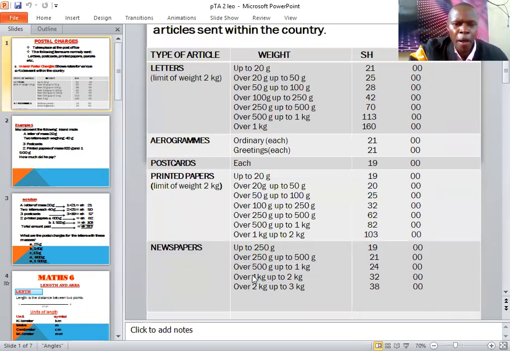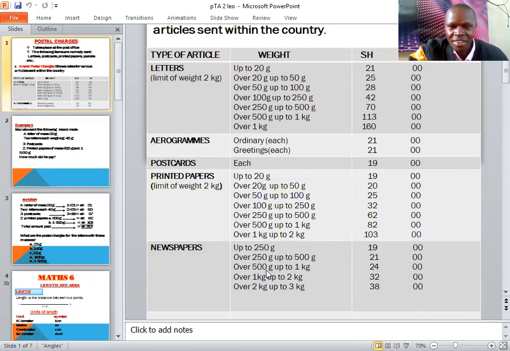Fine. Supposing, I'm asking you, the learner, someone is sending newspapers weighing 800 grams. What could be the charges? How much is going to be charged? You will come and find out from the ranges here, where does 800 grams fall?